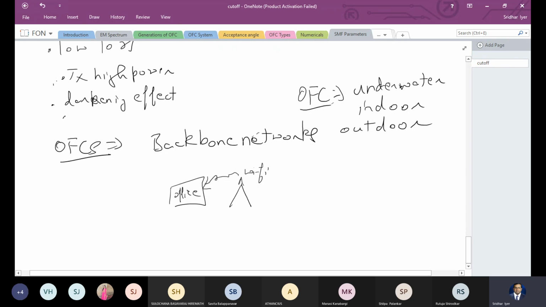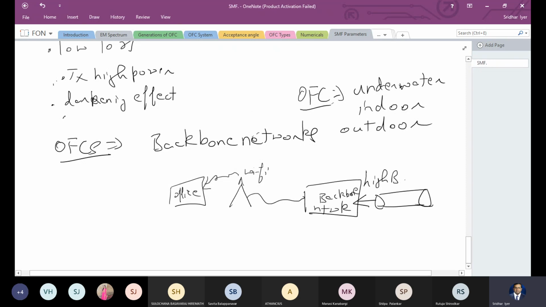Therefore, we are going to connect this Wi-Fi to a backbone network, and this backbone network is going to be connected to the optical fiber, right?